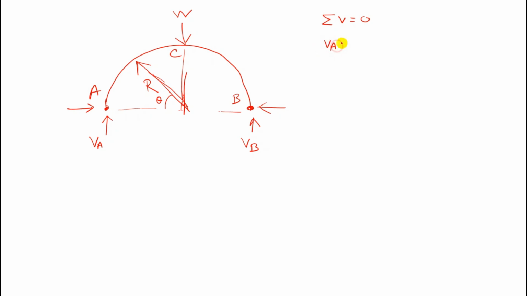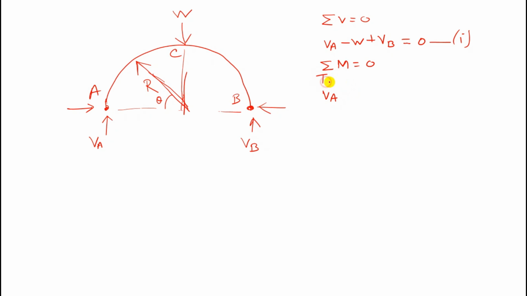So VA minus W plus VB equals 0. This is equation 1. And another equation is summation of moment equals 0.